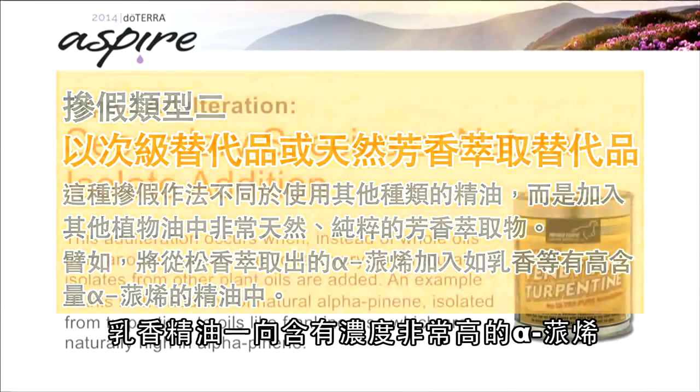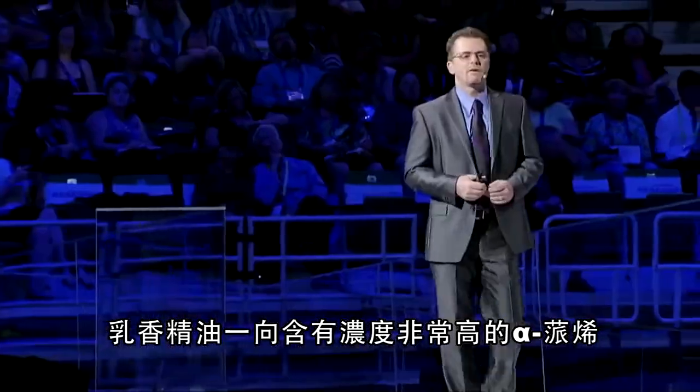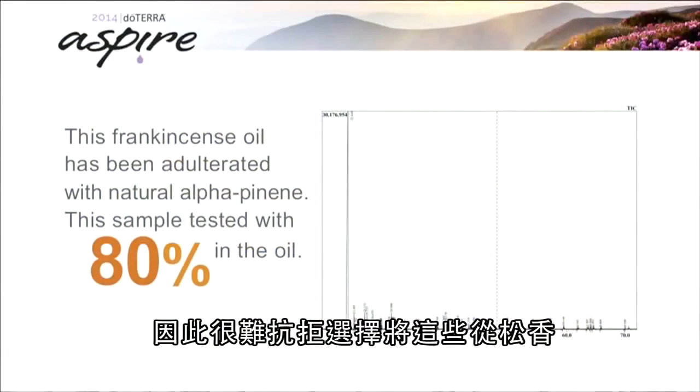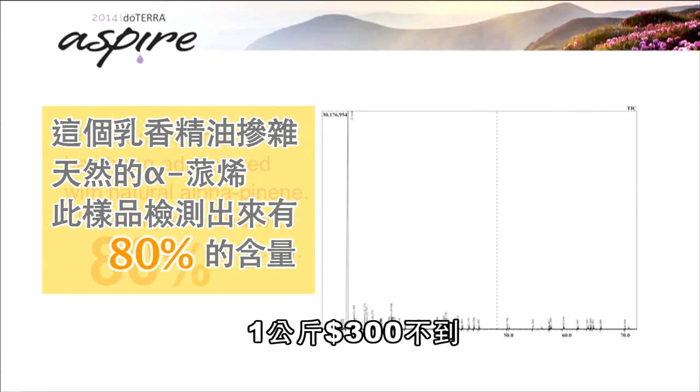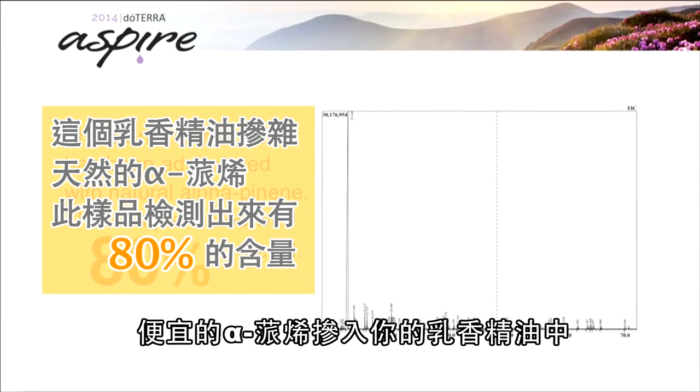And frankincense always has a good amount of alpha-pinene in it. And so it's very tempting to take alpha-pinene that would be isolated from, say, a turpentine source, a natural product formed from various different conifer trees, and take that cheap alpha-pinene, which normally sells for less than $10 a kilo, and dump it into your frankincense oil.